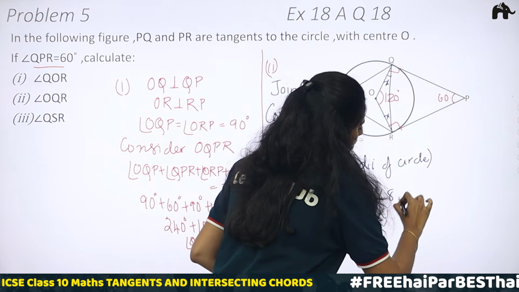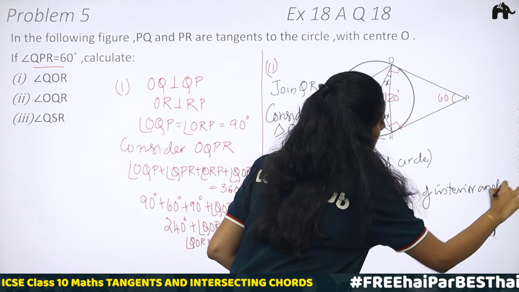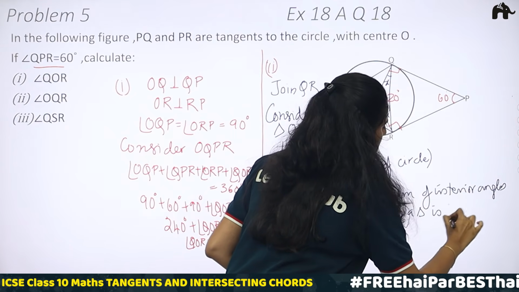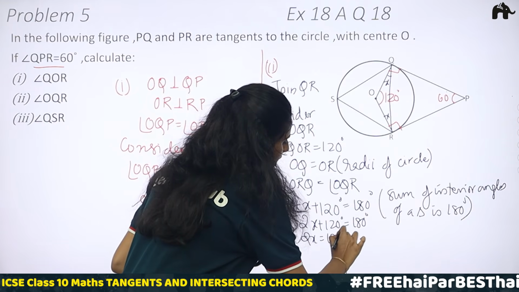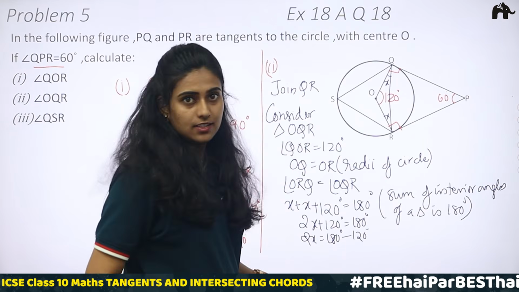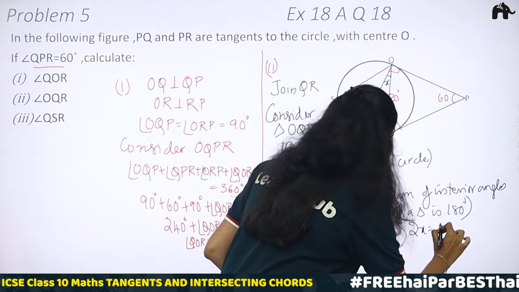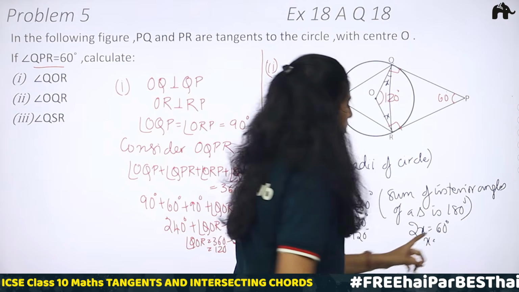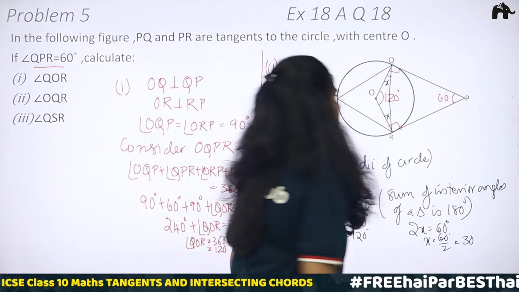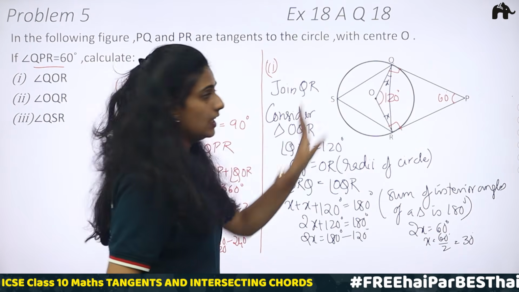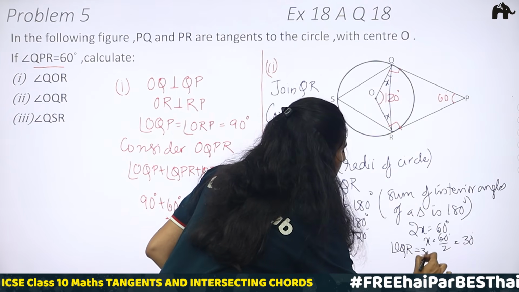The reason: sum of interior angles of a triangle is 180 degrees. Okay. 2x will be equal to 180 degrees minus 120 degrees. 180 minus 120 we get 60 degrees. That is, 2x is equal to 60 degrees and x is equal to 60 divided by 2, which is equal to 30 degrees. Okay. This measure is 30 degrees. Angle x, that is OQR, is equal to 30 degrees.